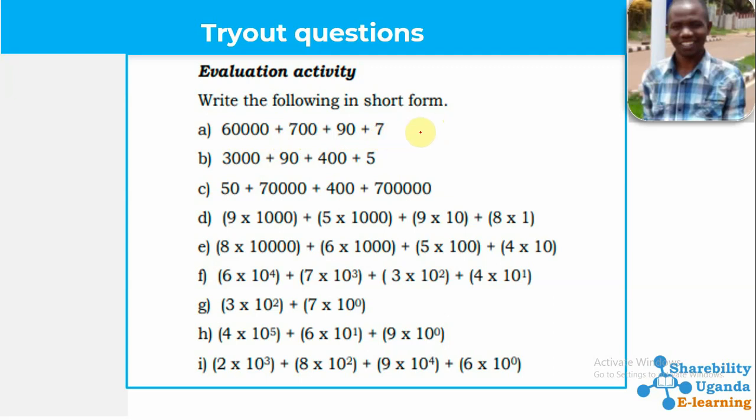So we can use the same method as we said the other side. This is going to be 60,797.